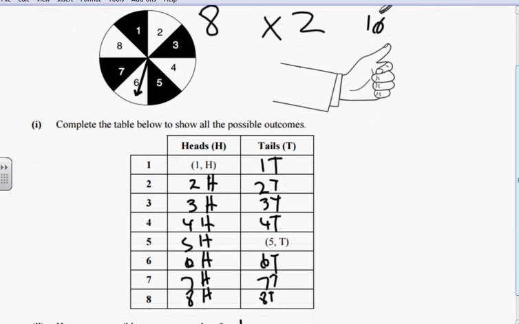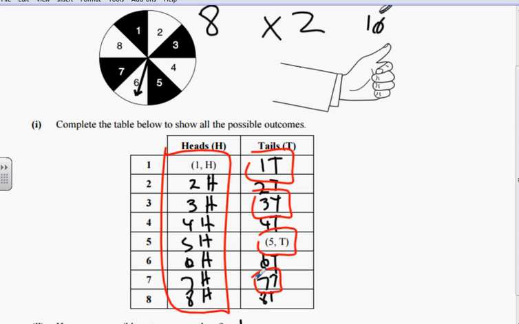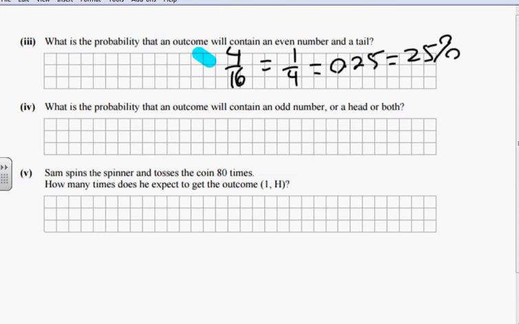That means all the heads are in it straight away. All 8 of them qualify, and then all the odds qualify. So 8 plus 4 is 12 out of 16, which is 3 over 4, which is 0.75, which equals 75%.